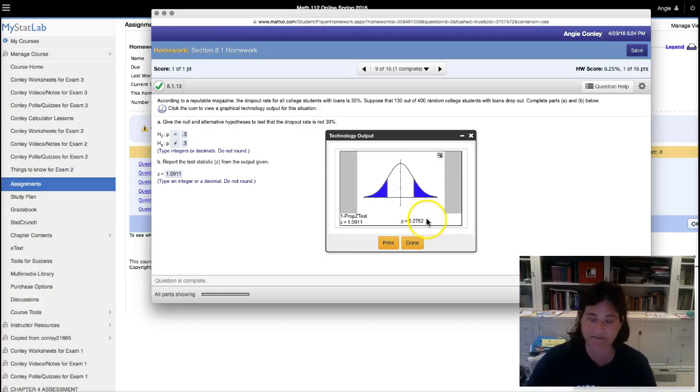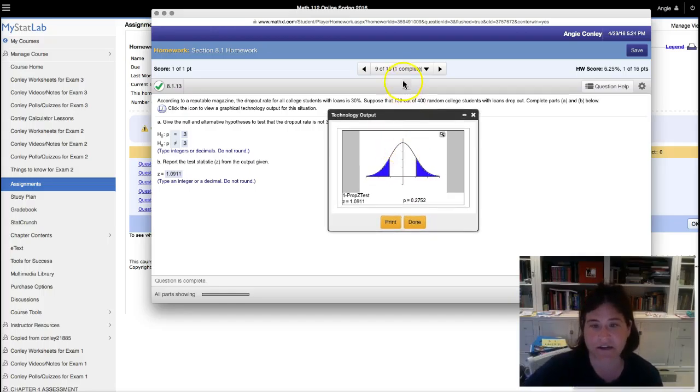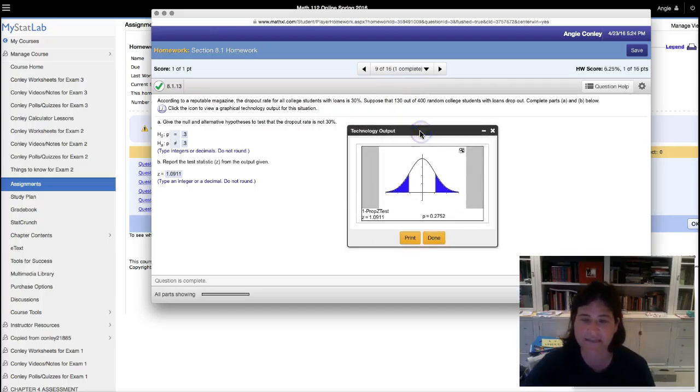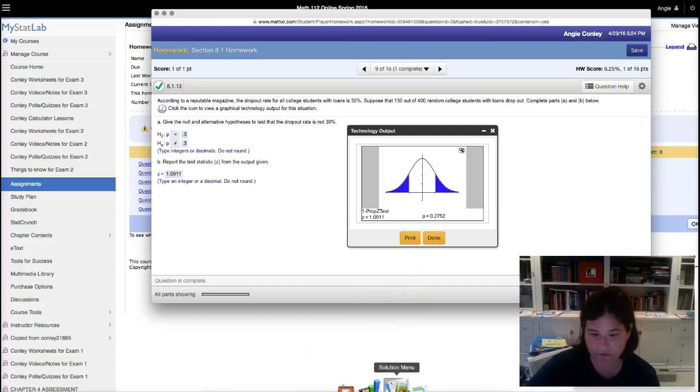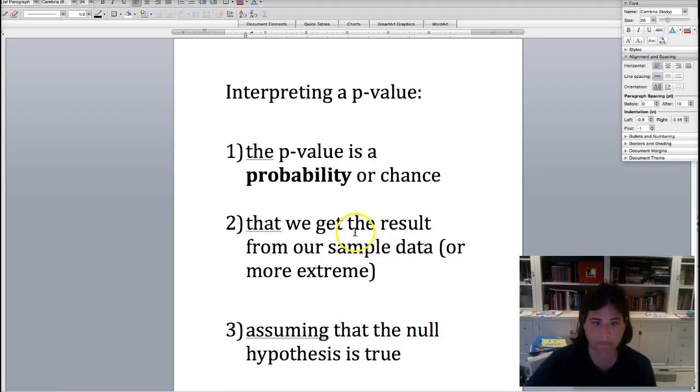So what I want you to make sure you understand also is that you're going to need to be interpreting the p-value. There are three things that I want you to do when you're interpreting the p-value. So when interpreting a p-value, there are basically three components that you need to understand.